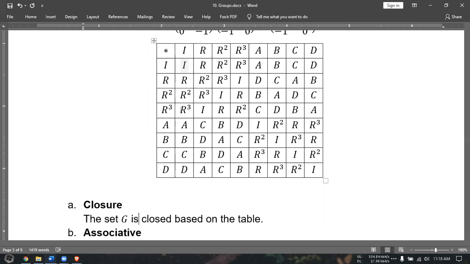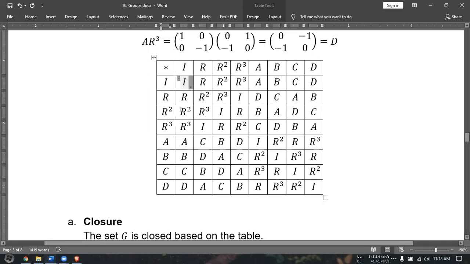So the result upon multiplying any two elements of G always belongs to set G. I repeat, when multiplying any two by two matrices from our G, it would result to an element which also belongs to G. So that is by closure property.